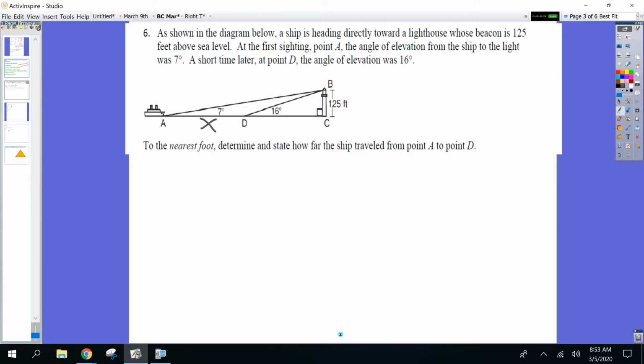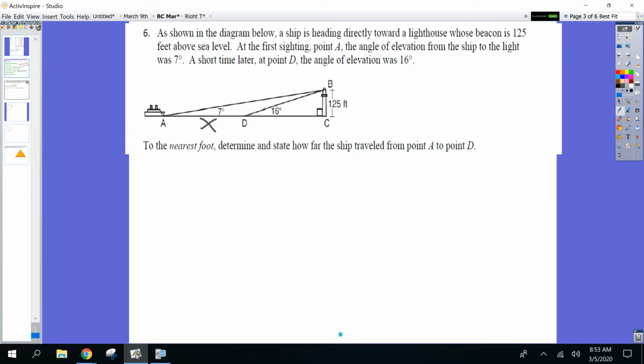I just want thoughts, because I refuse to say we're doing it this way, because there are actually 2 different methods we could do to find AD. I'll open it up to you guys. I don't want to call on numbers for this question. Thoughts on how I can find AD?